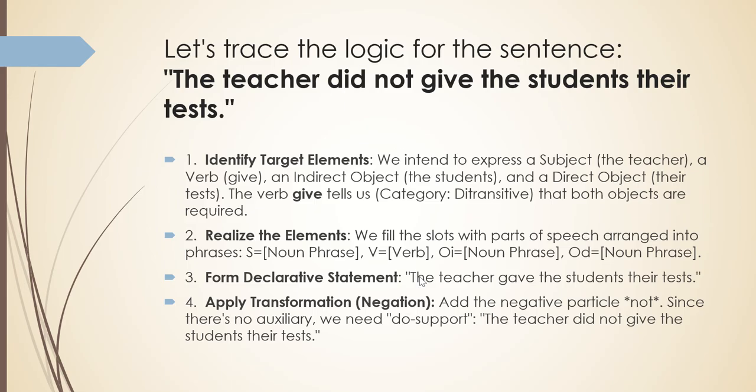So the sentence would be: the teacher gave the students their tests. And if you want to apply other transformations, the sentence is already non-assertive. If you want to change it into a question, for example, you just displace the operator with the subject and the sentence would be an interrogative sentence.